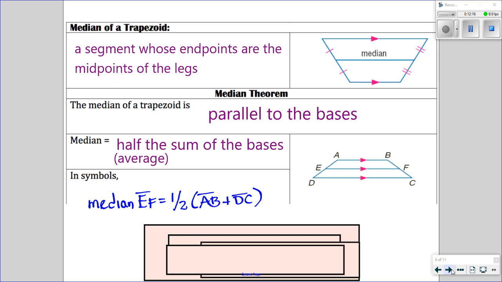And the median of a trapezoid is a segment whose endpoints are at the midpoints of the legs. And the median is parallel to the bases. And it's also half the sum of the bases. So if you were to put it into equation form, the median is half the sum of base 1 and base 2.